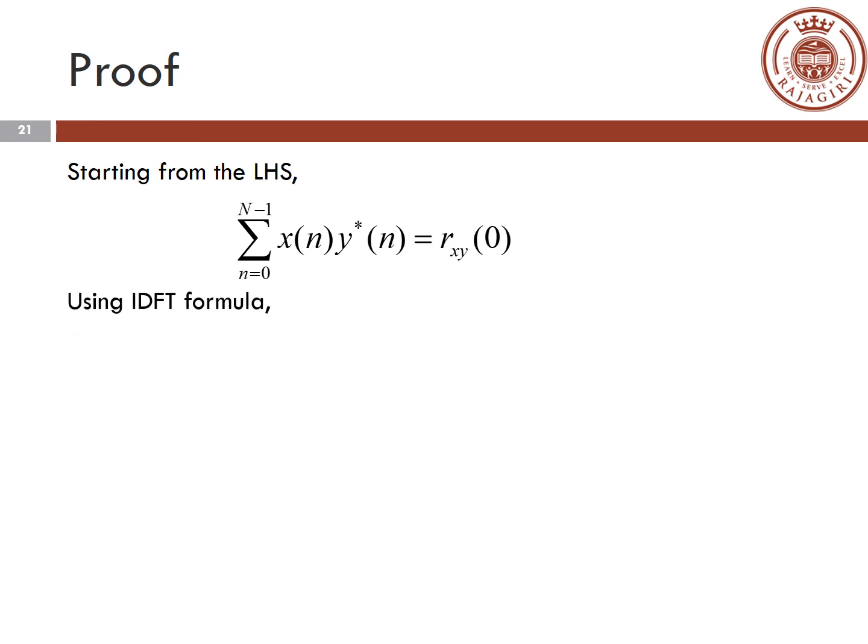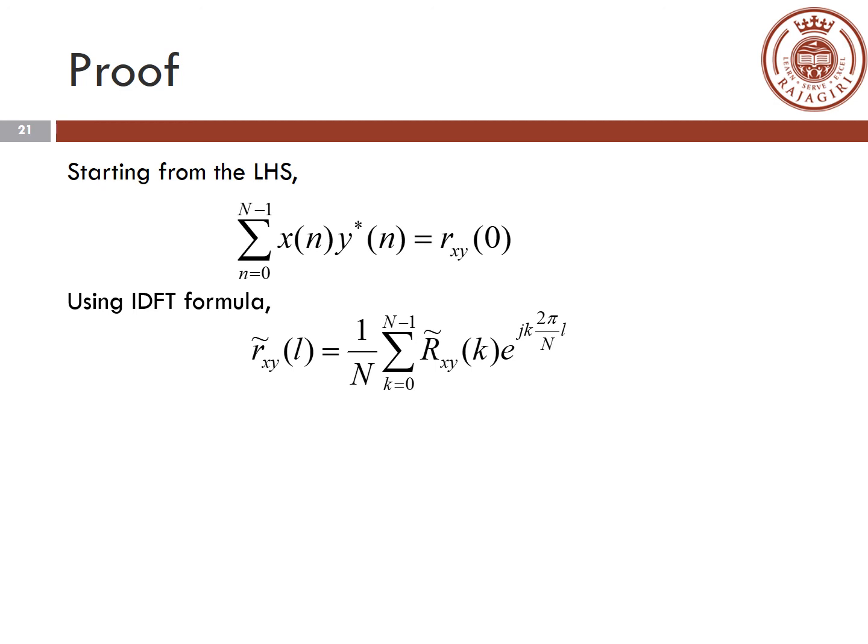Now from the circular correlation property, I know that Rxy of l is the IDFT of Rxy of k. So 1 by N sigma k equal to 0 to N minus 1 Rxy of k e raised to j k 2 pi by N into l. This is something that I know from the correlation property. Now what is going to be Rxy of 0 then? It is equal to 1 by N sigma k equal to 0 to N minus 1 Rxy of k.